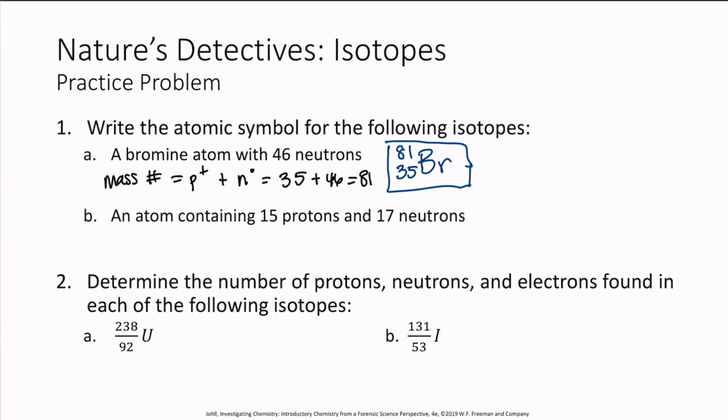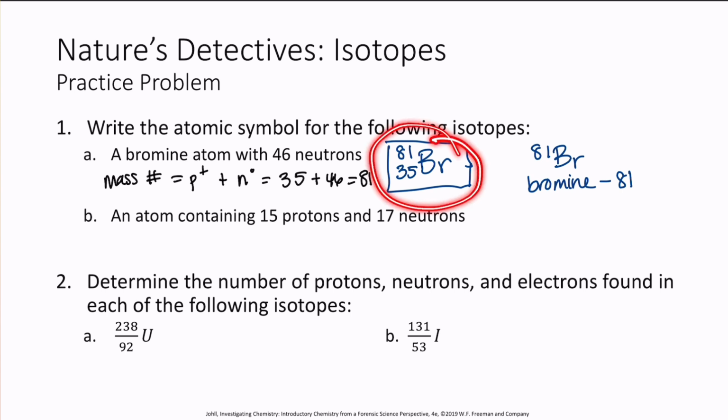I have bromine 81. So bromine 81 can either be given like this, or if I wanted to write it out, it would be bromine-81. The reason we don't say 81 bromine is because that makes it seem like we're dealing with 81 bromine atoms.